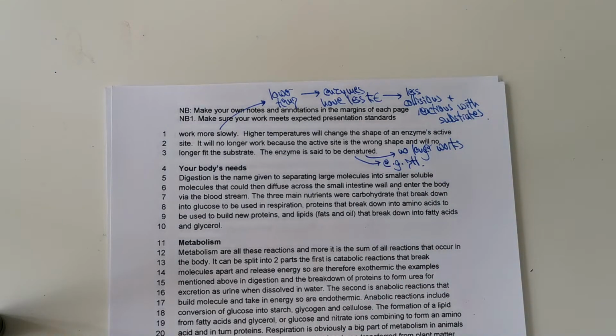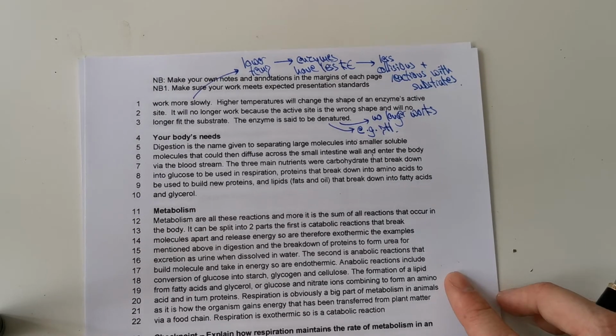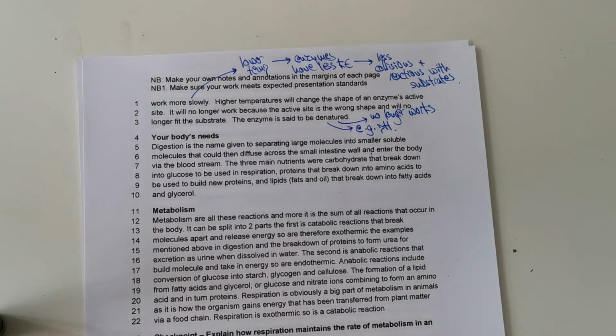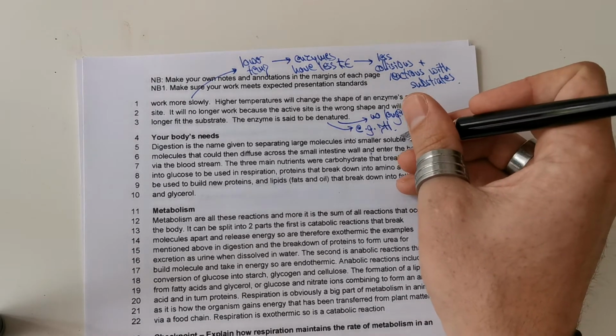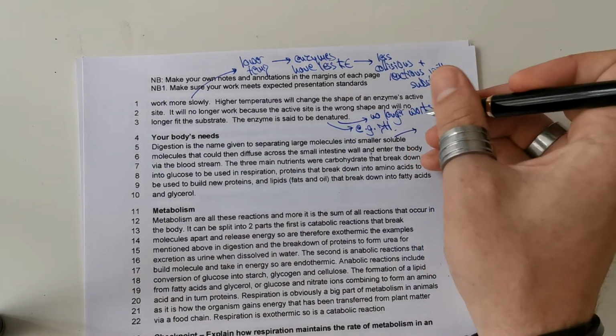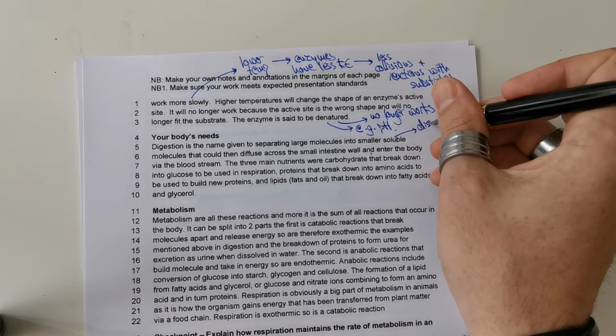Now, if we look at enzymes within the context of the body, the body's needs, digestion is the name given to separating large molecules into smaller soluble molecules. Just break down that phrase to begin with. Smaller soluble molecules. When something is soluble, it means it's dissolvable.